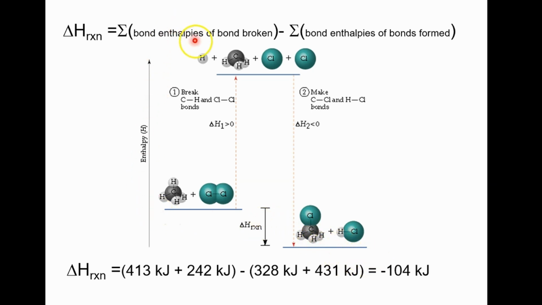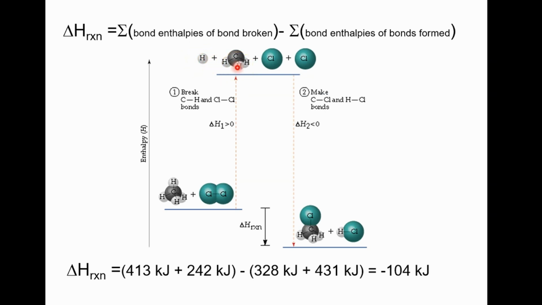So this is kind of nice. You can see a nice chemical model of what's going to happen. We're going to have to break a chlorine bond. That's why we have two chlorine atoms up here. We're going to have to break one of these hydrogen-carbon bonds. That's why we have a hydrogen up here. So it takes energy to break all these bonds. We go from here up to here to get a hydrogen atom.